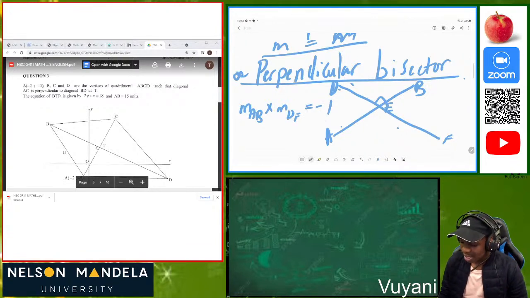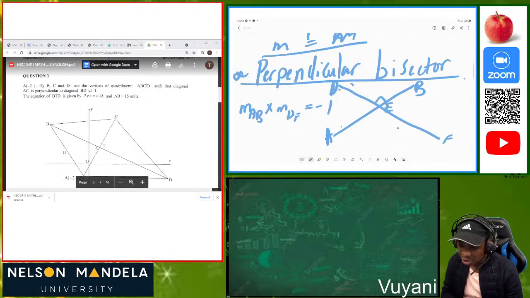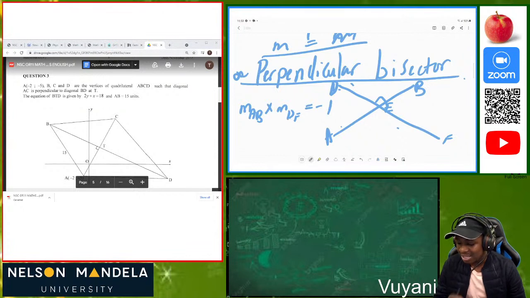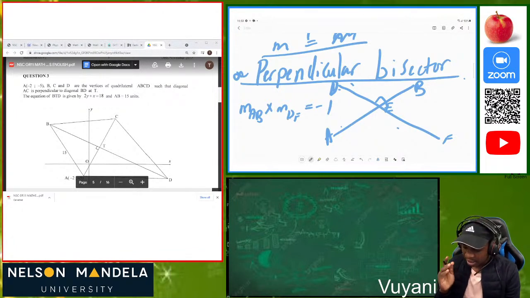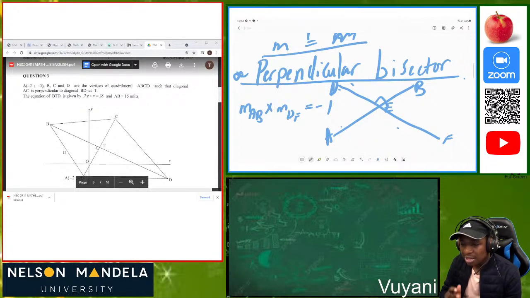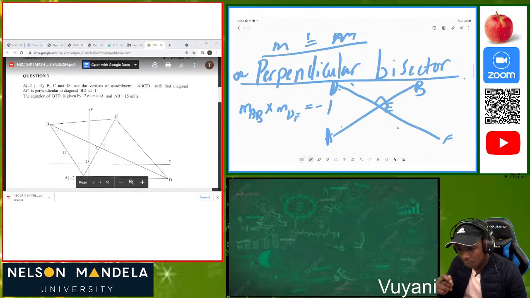Why? Because they are perpendicular to each other. They are not parallel to each other, but they are perpendicular to each other. Always bear in mind that when we're talking of a perpendicular bisector, they don't have equal gradients, but when you multiply the product of the two gradients of the lines, they have to give you -1.